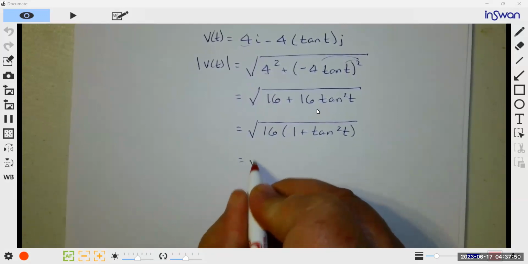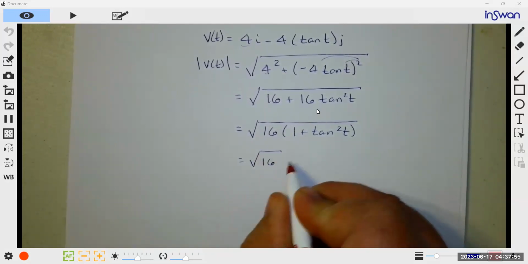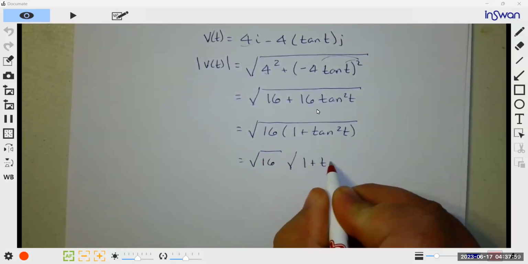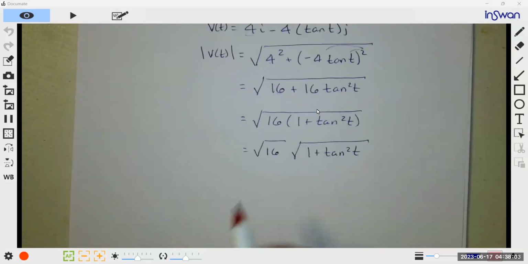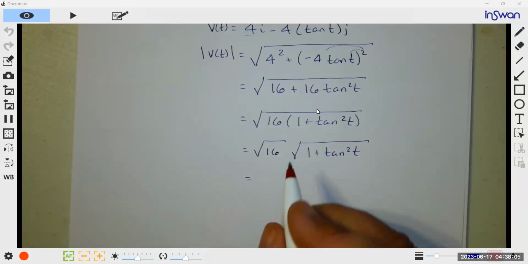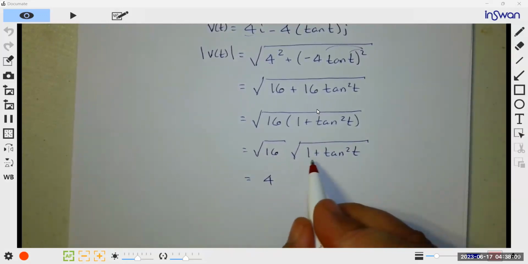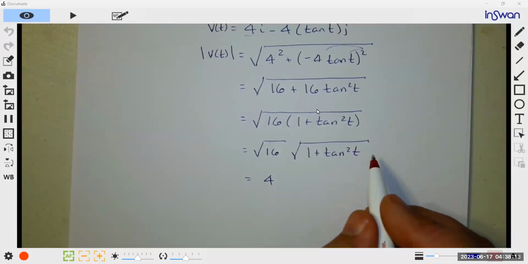Now we can do both of these separately. The square root of 16 is 4. 1 plus tangent squared is an identity.